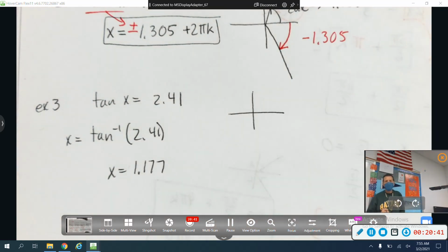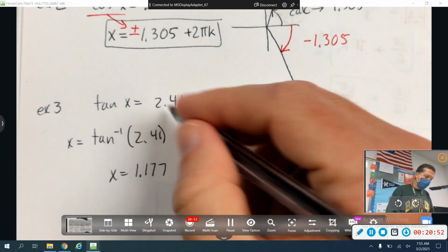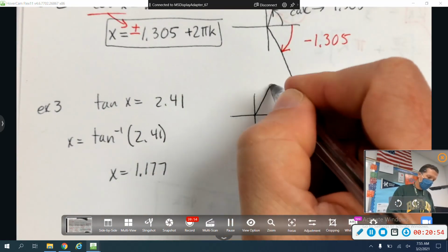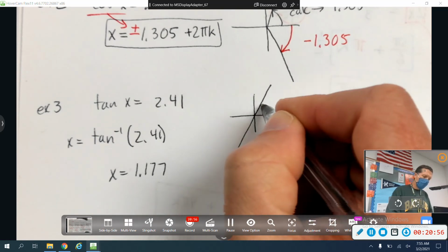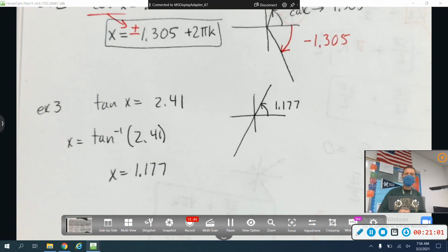All right, now let's think about where that other answer is. Let's see, tangent is positive in the first and third quadrants. So I have no idea where this angle is, so I'll just put it there. So there's our 1.177 that the calculator told us. So how do I get from 1.177 to the other angle? How much of a rotation is it?